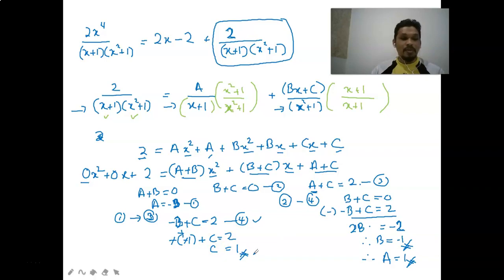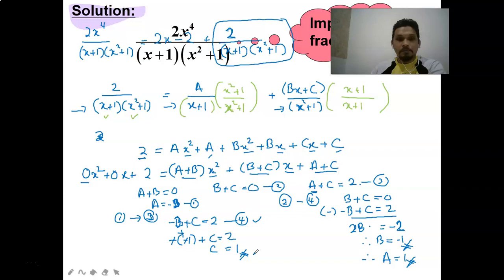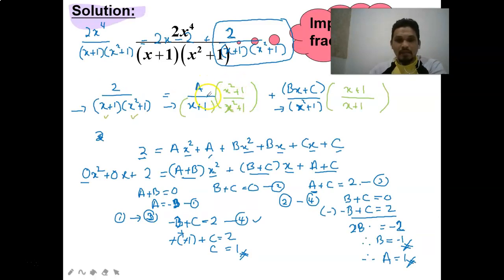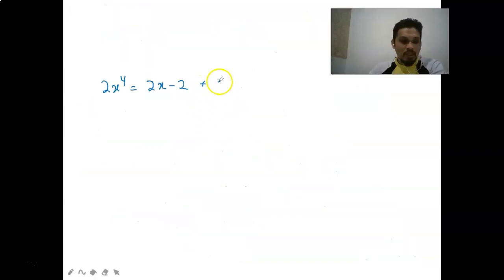Okay, so now simplify this. 2x to the power of 4, we got 2x minus 2 plus a, where a equal to 1, divided by x plus 1.